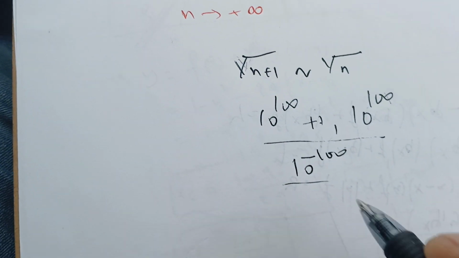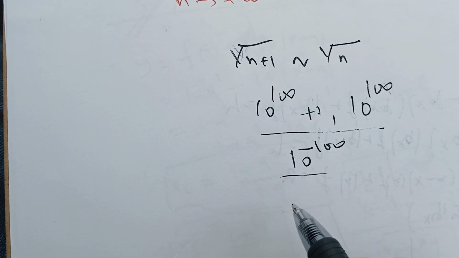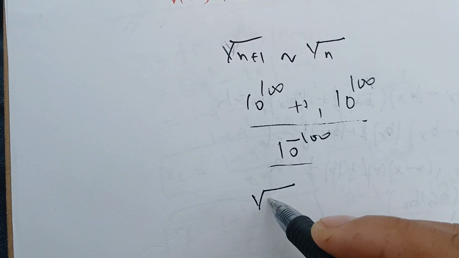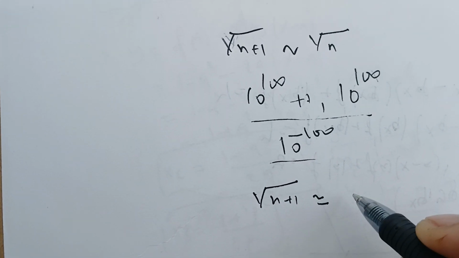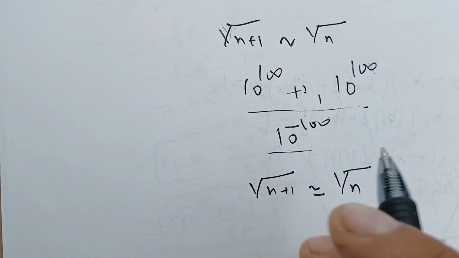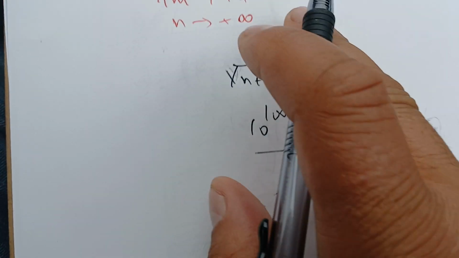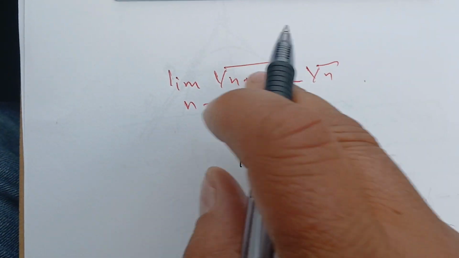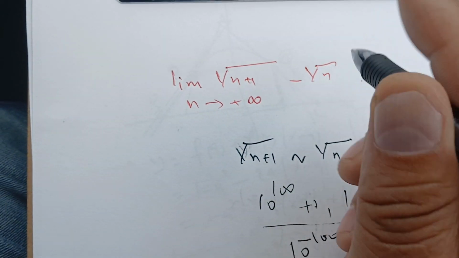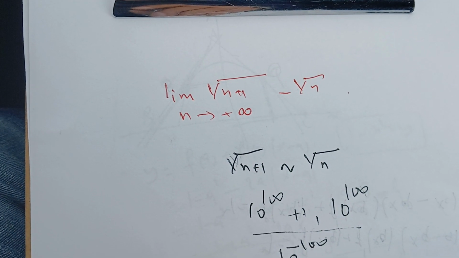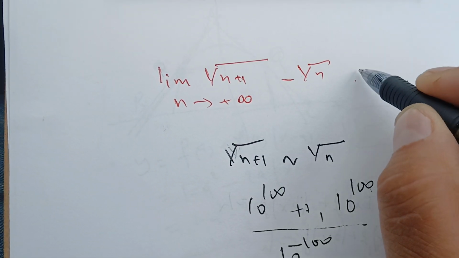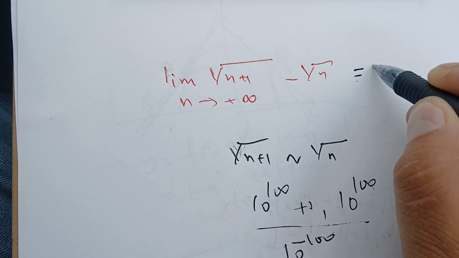So as n gets bigger, the square root of n plus 1 is almost the same as the square root of n. These two numbers get very close, which means the limit is 0. So based on this, we can say the limit is 0.